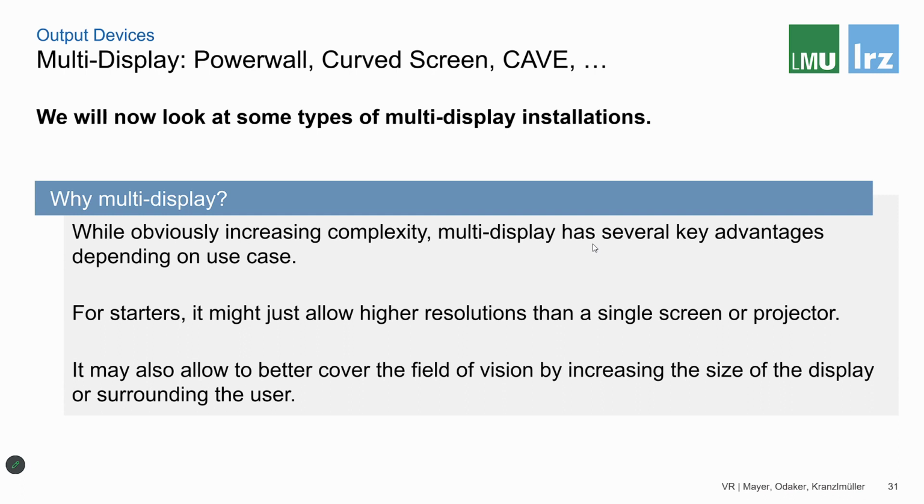The other advantage is that you can better cover the field of vision of a user, and you can surround a user with the image that you display. So again, those of you who know the cave, they have seen that you can actually be surrounded by screens and stand in a room that will actually put you within the virtual environment. So that would not be possible with a single display device.